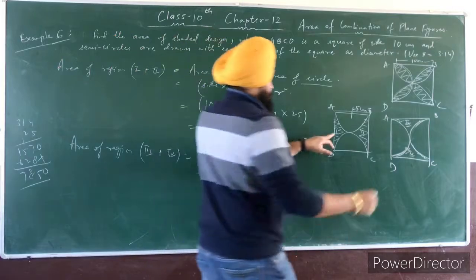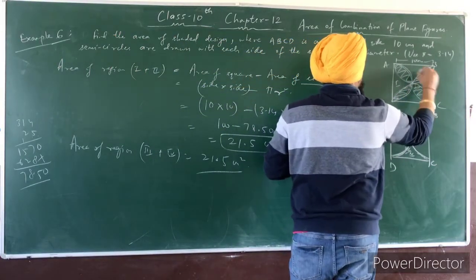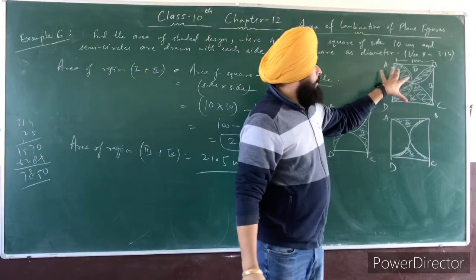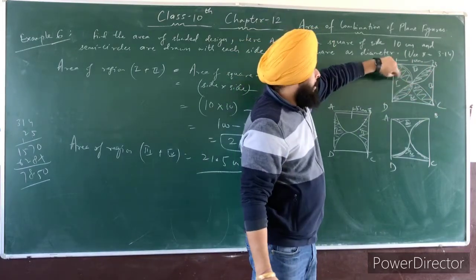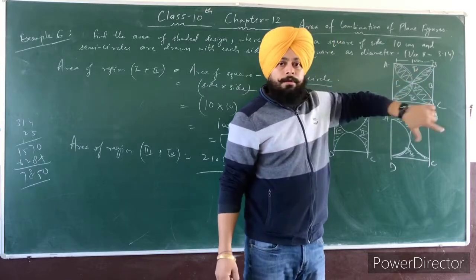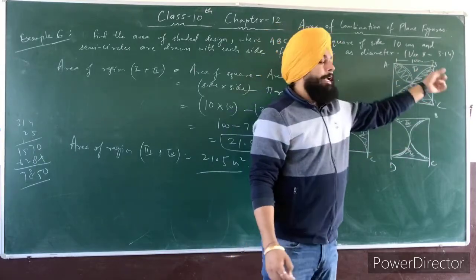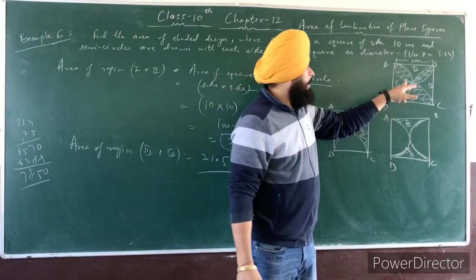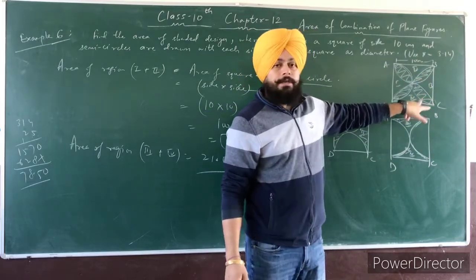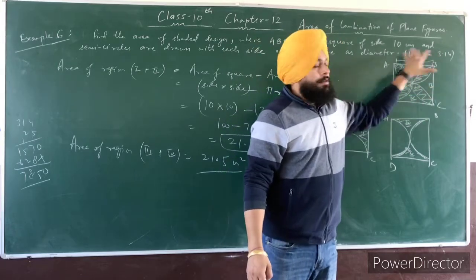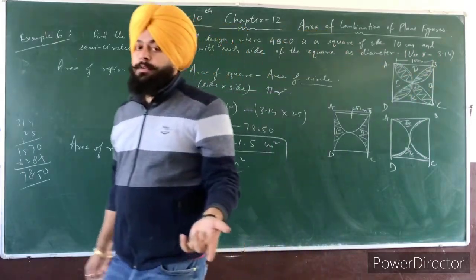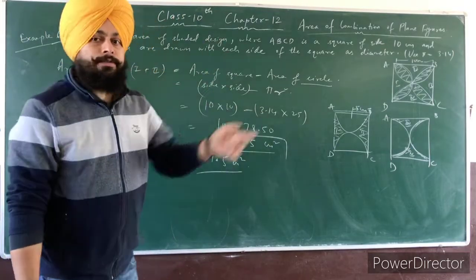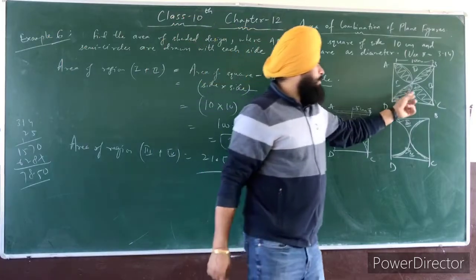Now we get regions 1, 2, 3, 4. Now you can subtract the area of regions 1, 2, 3 and 4 from the area of the complete square. You have to subtract the area of regions 1, 2, 3 and 4 from the area of the complete square. We get the area of this remaining portion.